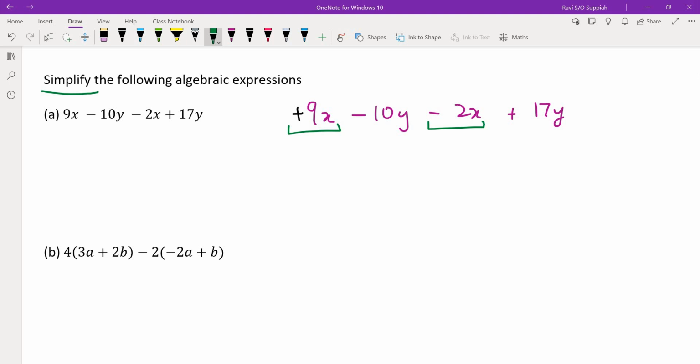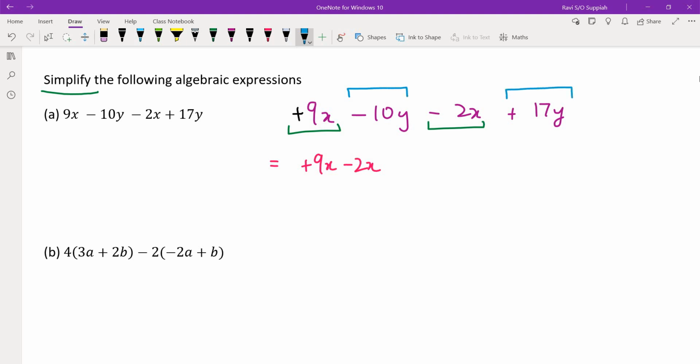You can do it directly from this grouping itself, or if you want to be a bit more systematic in your steps, you can write it out first. So plus 9x minus 2x. And the other grouping, I will draw the bracket on top so you don't get confused with the x terms.